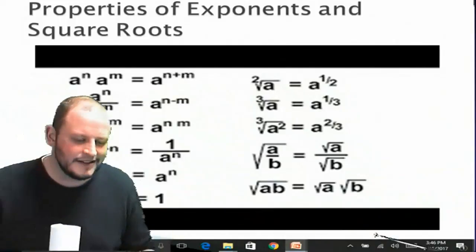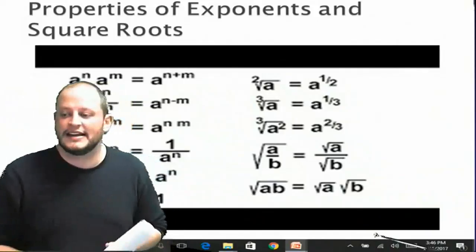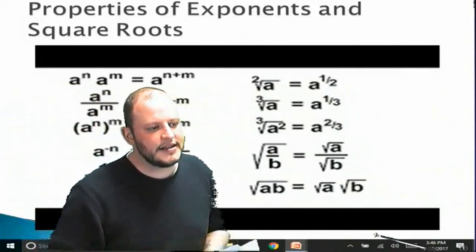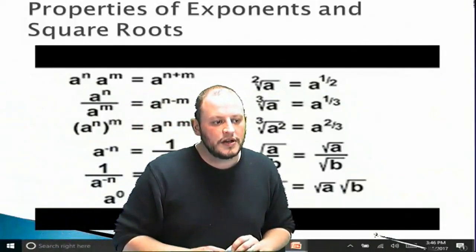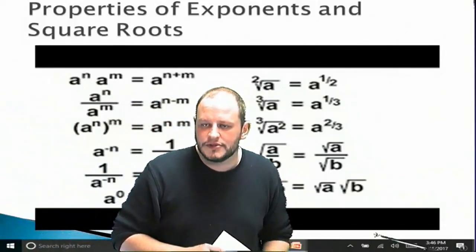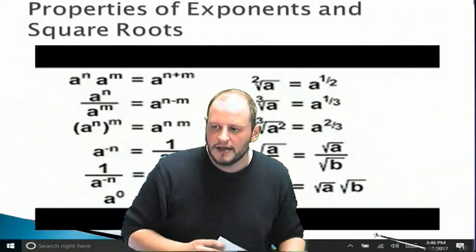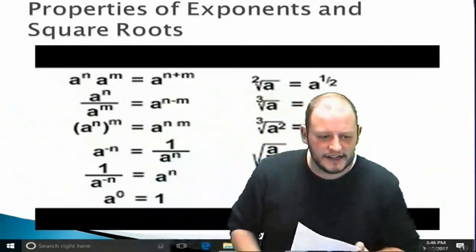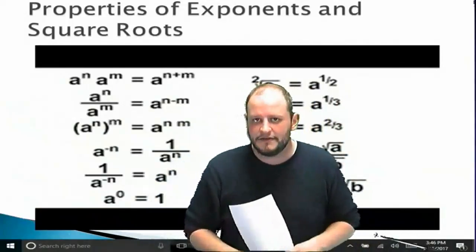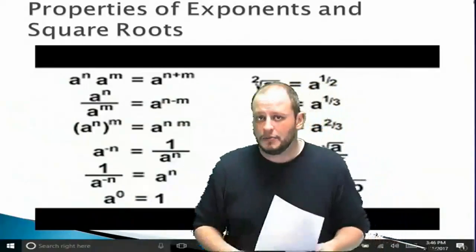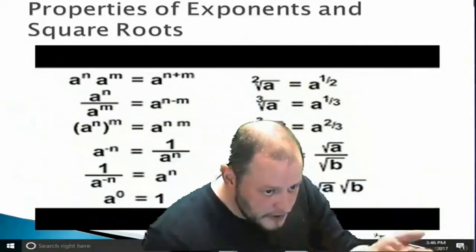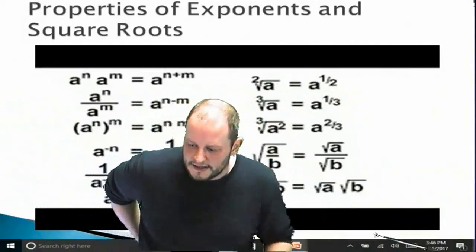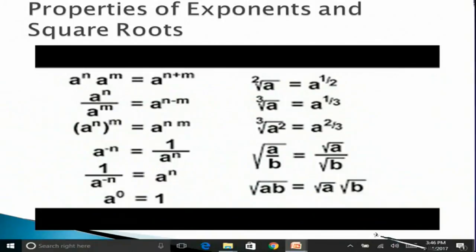It'd be nice if we could memorize all of these rules and make sense of them, but we should just run through a couple of them so that you can see how they work. Memorizing is not necessarily going to be the most beneficial thing. Understanding is more important. So take a look at these rules real fast.